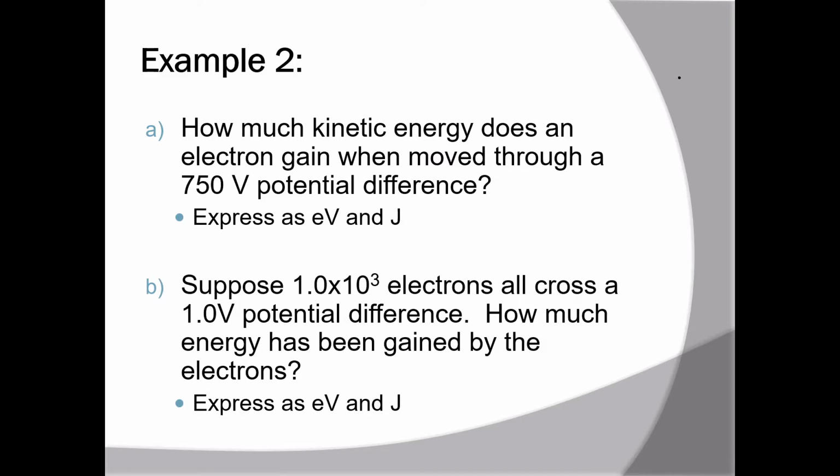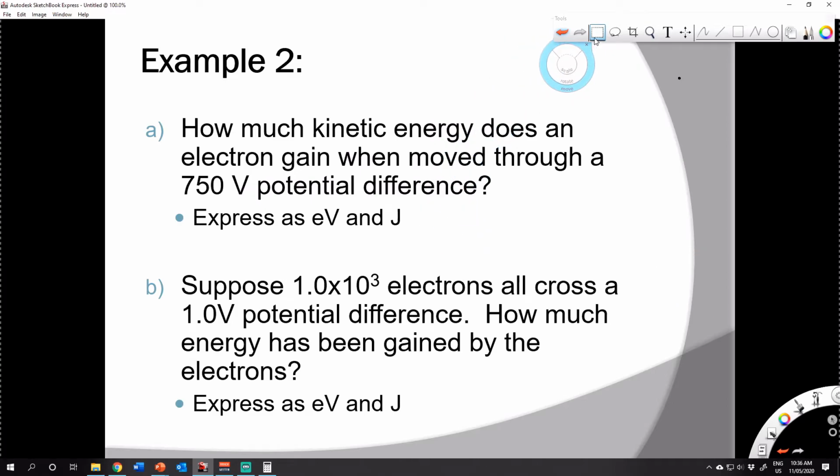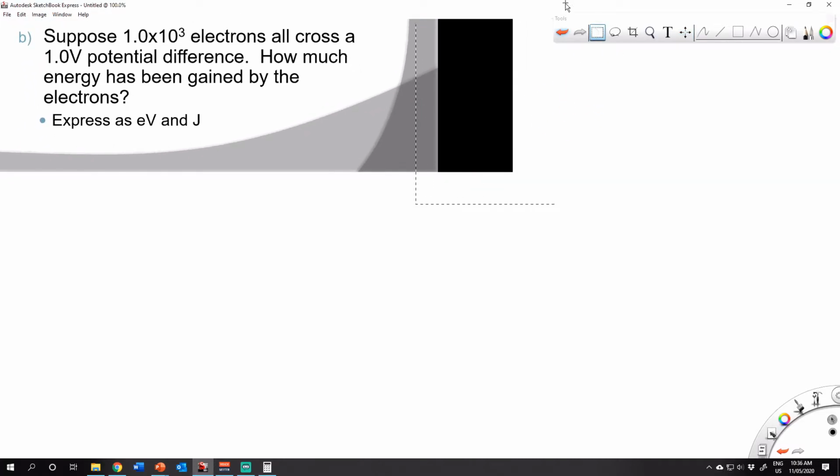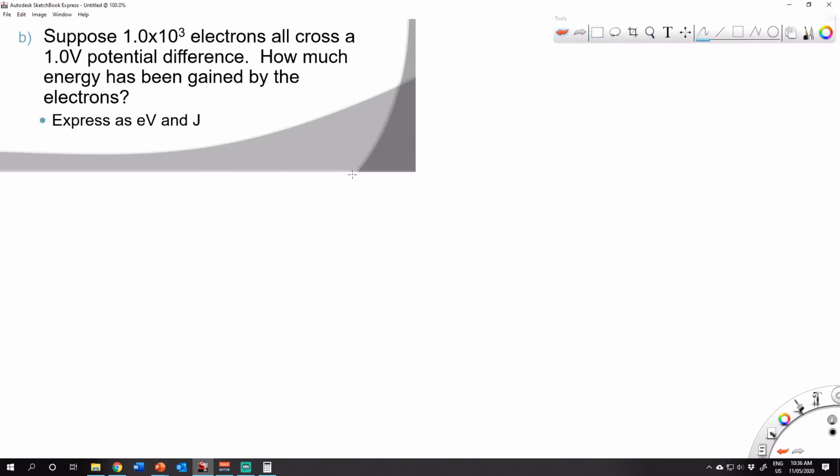Expressed in electron volts, this will be a lot easier. If 1000 electrons move through 1 volt of potential difference, each electron would have 1 electron volt of energy, so in total I have 1000 electron volts, right?